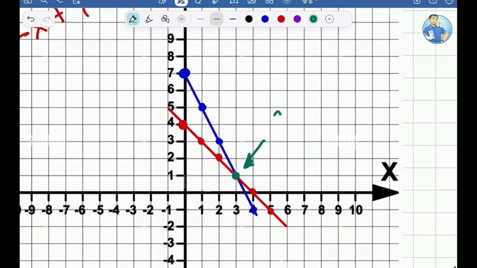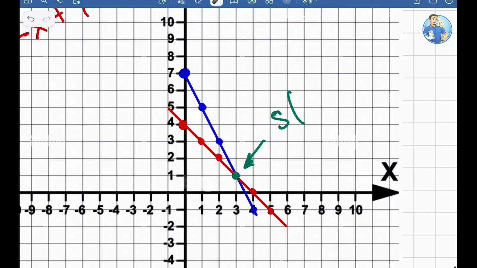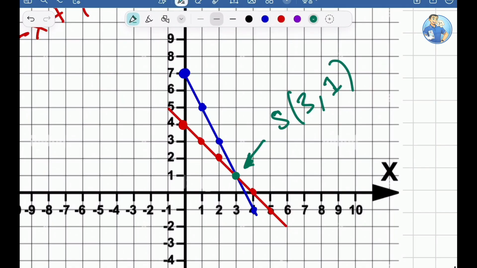We can use S because we have solutions. The solutions would be when x equals 3 horizontally and y equals 1 vertically. So the solutions are x equals 3, y equals 1.